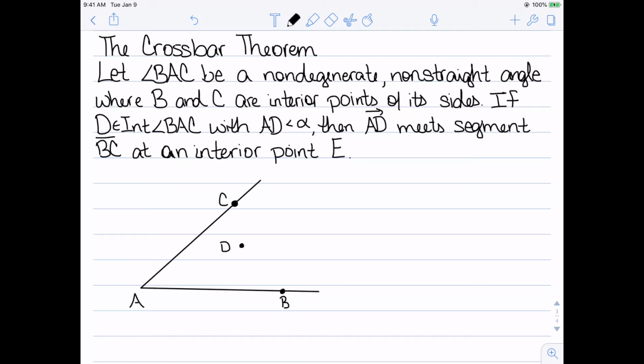So I have this angle BAC. B and C are interior points of the sides, and D belongs to the interior of the angle. I want to draw my ray AD. And if I draw the segment between B and C, then the idea is that this ray must intersect this line segment at some point E.